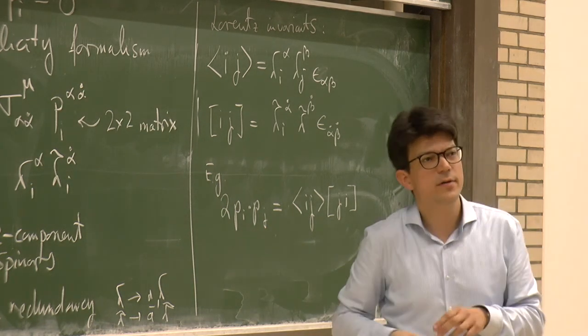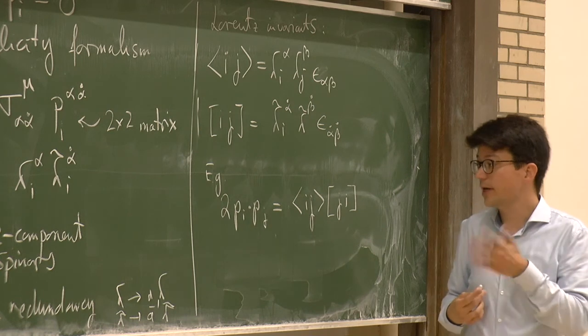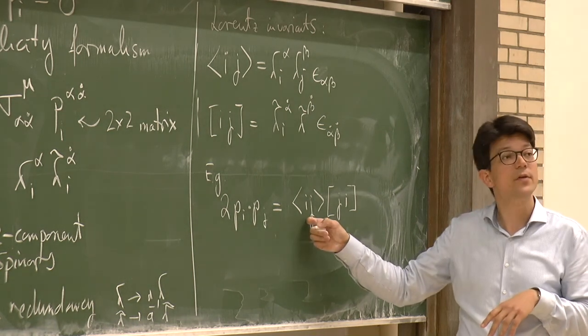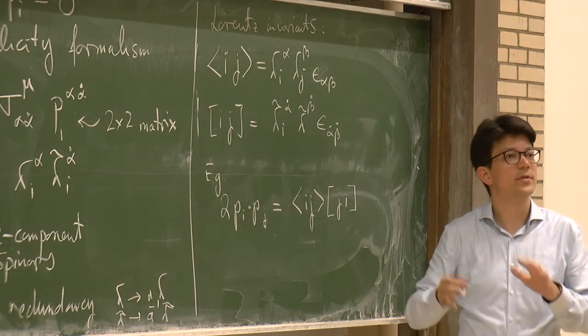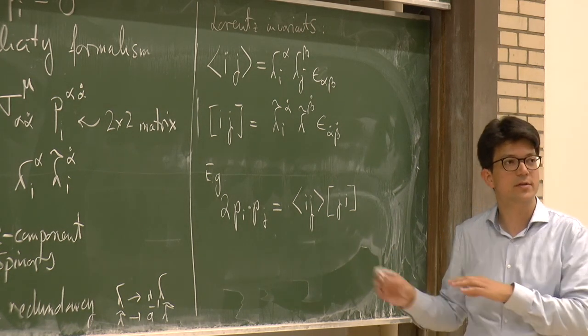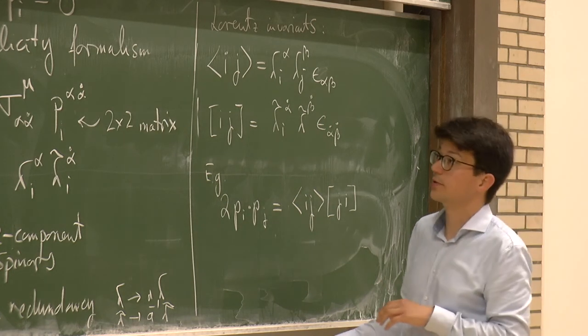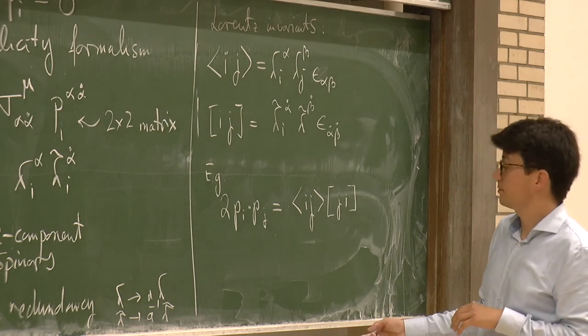It will turn out, however, that to describe these singularities, it is much more convenient to use these lambdas or lambda tildes. So if you wish, this is a posteriori one motivation why it's a good idea to use these variables.